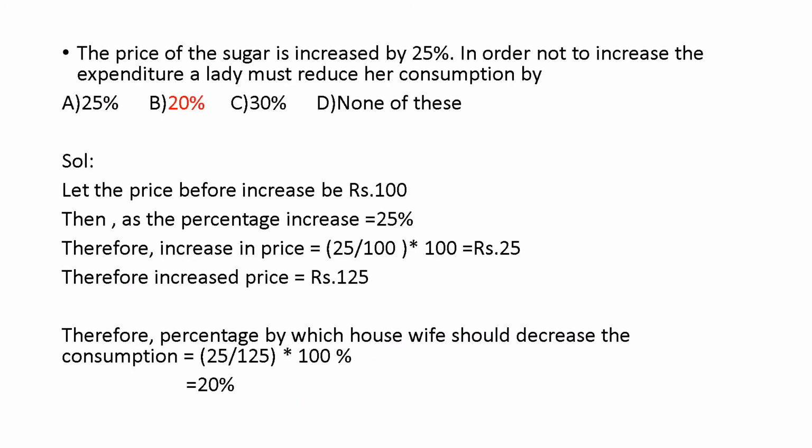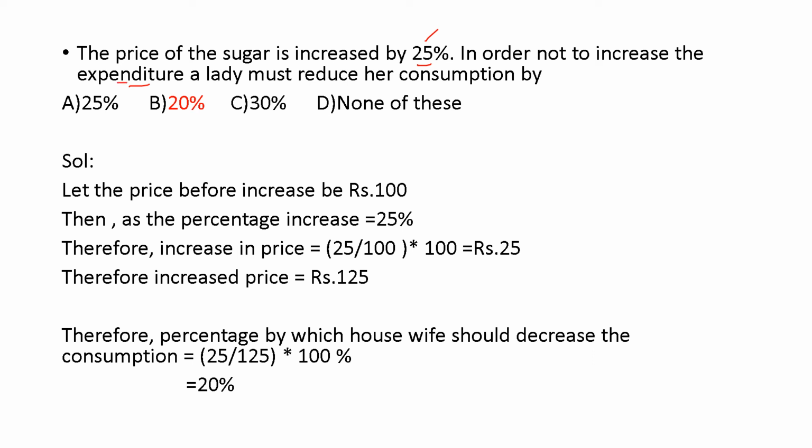Next question. The price of sugar is increased by 25%. In order not to increase the expenditure, a lady must reduce her consumption by how much? The sugar consumption should be reduced because the price of sugar has been increased by 25%, and she doesn't want to increase the expenditure.